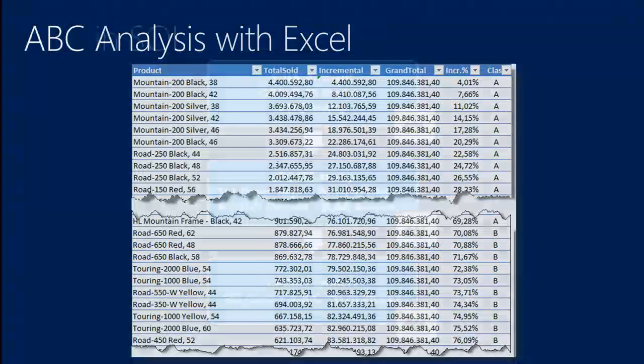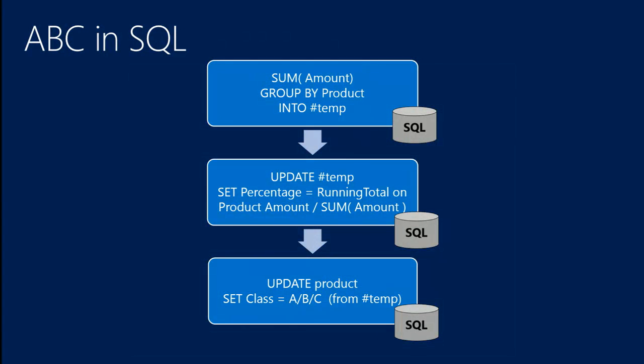If you were to do that in Analysis Services, you can choose to solve it using SQL. You first create a temporary table containing the sum of amount grouped by product, and build everything in a temporary table. Then you update your temporary table in order to compute the running total percentage, which is not very easy. In SQL Server 2012, you have windowing functions that make this query slightly easier to do.